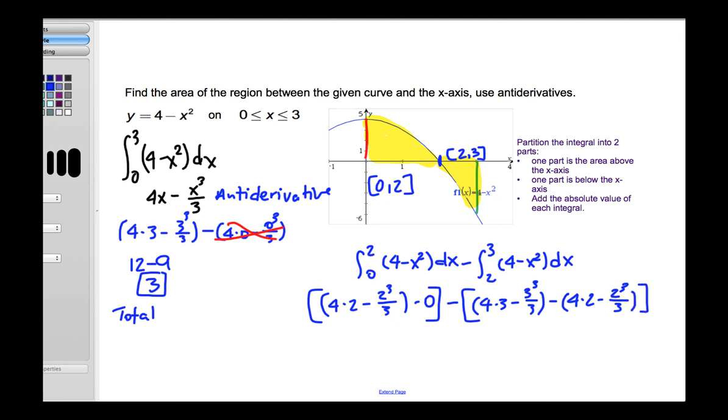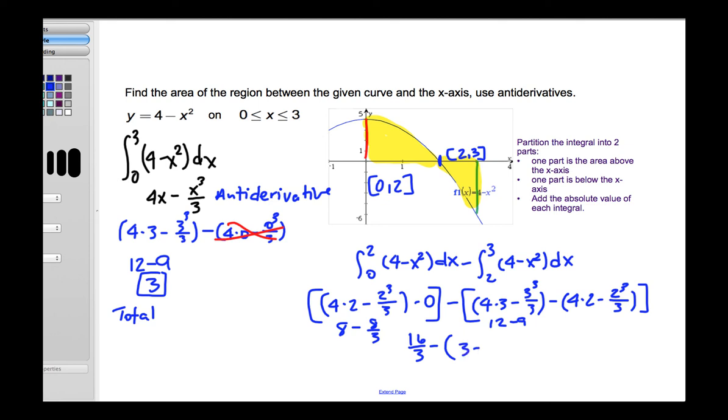And so now I can put these guys together. So this would be 8 minus 8/3. And that would be 24 minus 8, which is going to be 16/3. Minus, and then over here I would have 12 minus the 9, which is 3.